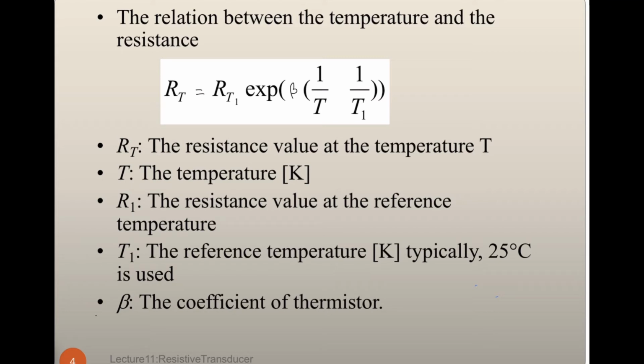Beta is the coefficient of the thermistor, and it depends on the type of material. Next, we have 1 over T minus 1 over T1. T is the temperature in Kelvin. T1 is the reference temperature, and a common reference temperature is 25 degrees Celsius.